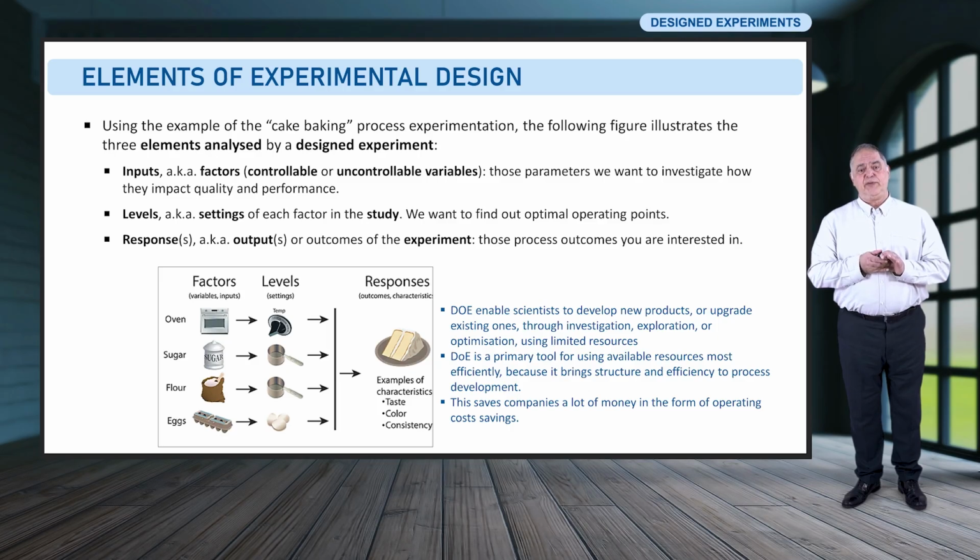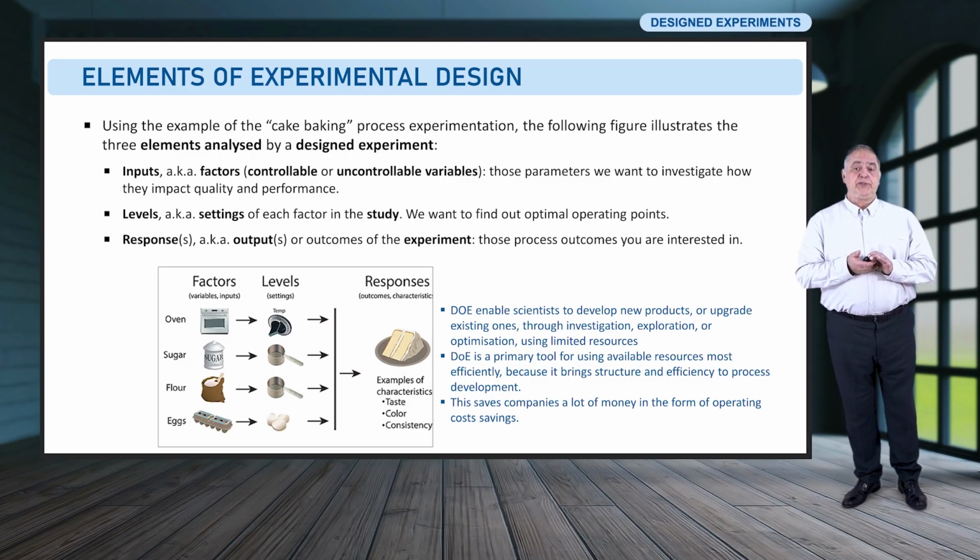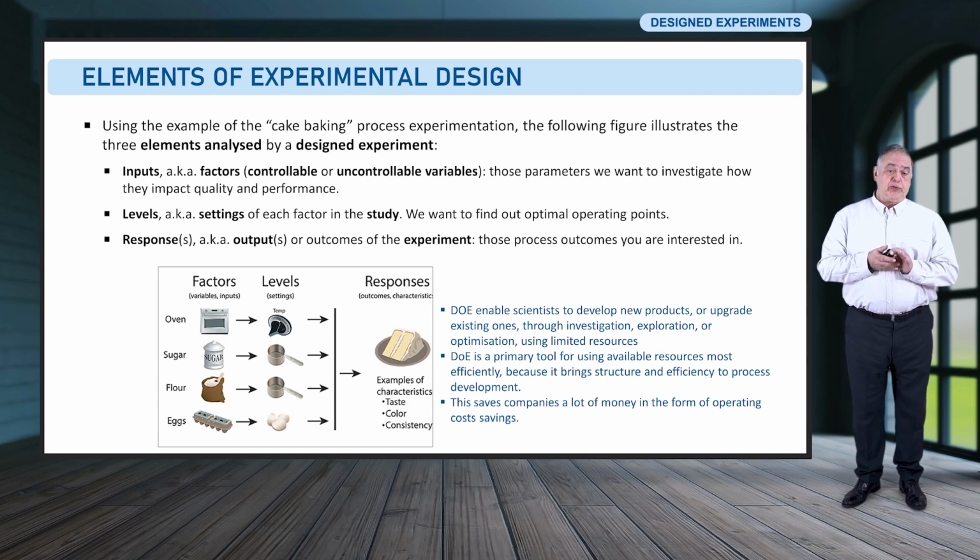Regarding elements of experimental design, using the example of a cake baking process, the following figure illustrates the three elements analyzed by a designed experiment. We have the inputs, also known as factors, controllable or uncontrollable variables.